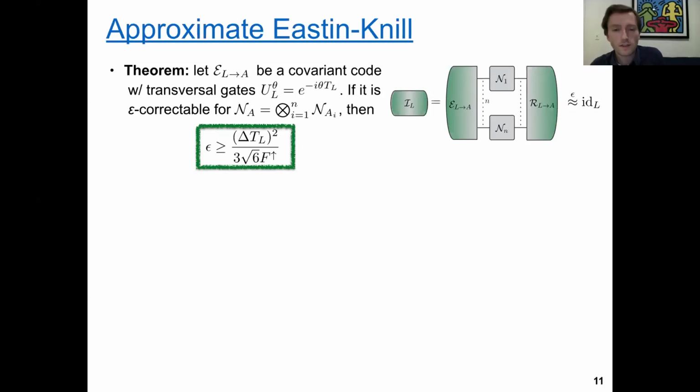I see the next question about constant factors. I was mostly interested in getting a simple proof of the approximate Eastin-Knill theorem, which fits on one slide, given you explained some things before.